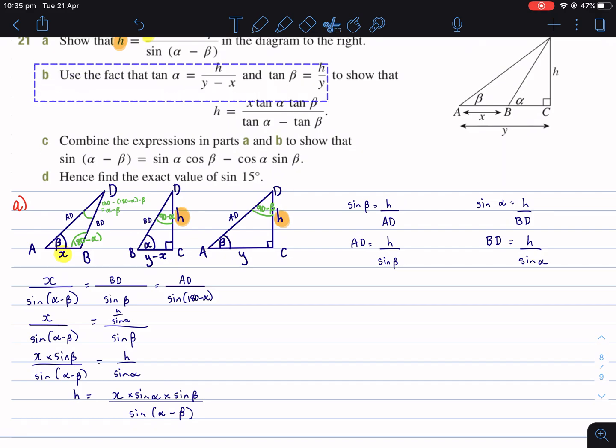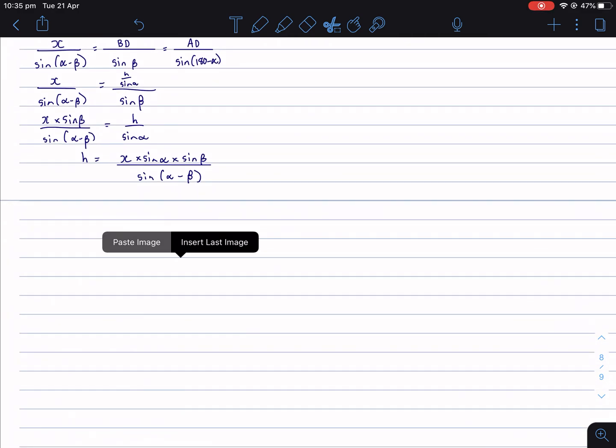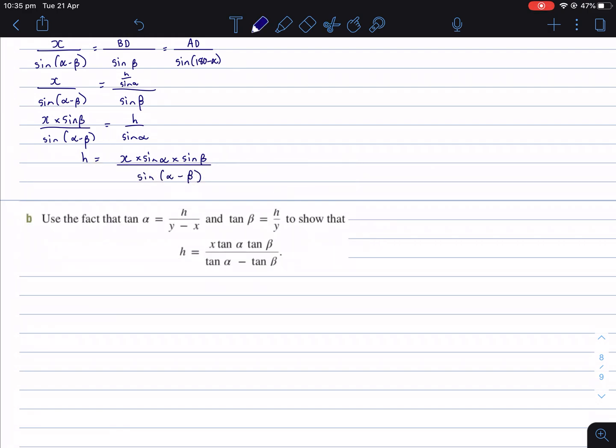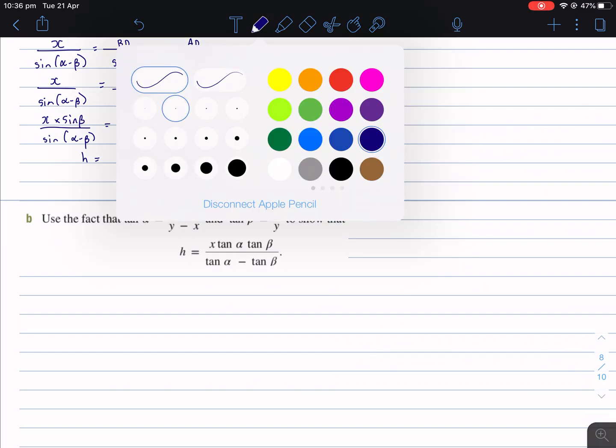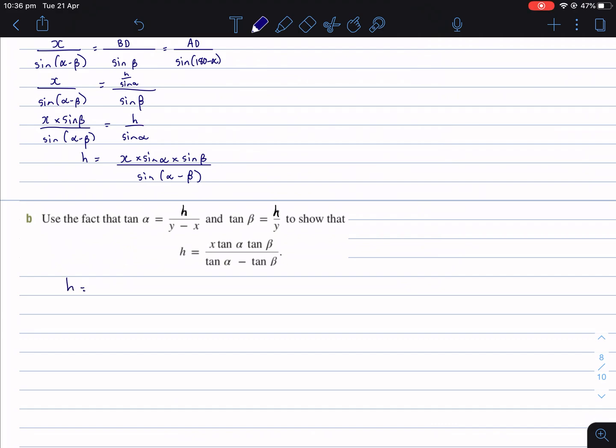Okay, let me copy this one. And these are both h's. So from the question above, I've got h equals x sine alpha sine beta over sine alpha take beta.